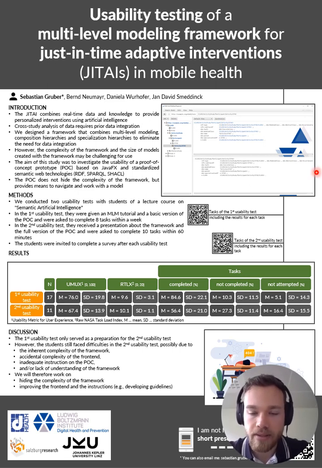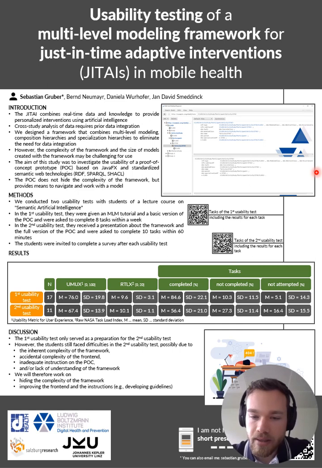In order to investigate the usability, we conducted two usability tests with students of a lecture course on semantic artificial intelligence. In the first usability test, we only provided them with a multi-level modeling tutorial and a basic version of the proof of concept prototype. Then they were asked to complete 8 tasks within a week.